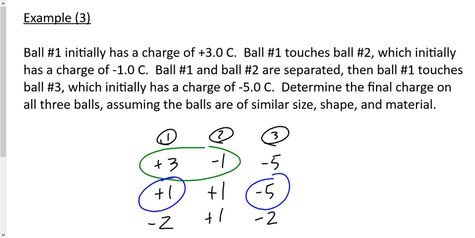What's the final charge on all three of these balls? Plus 2 coulombs, plus 1 coulombs, and minus 2 coulombs. That's a lot of charge, right? We said a coulomb is a big unit of charge. Oh, whatever. If you're dealing with something that's in microcoulombs, you could do it with 2, right? Just like we did in the last question. It has more exponents, that's all.